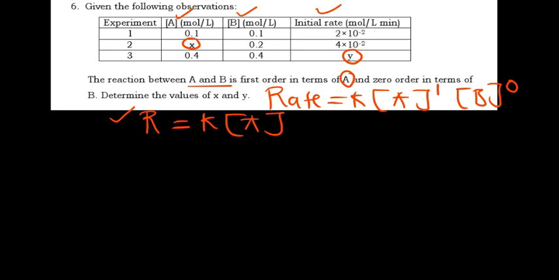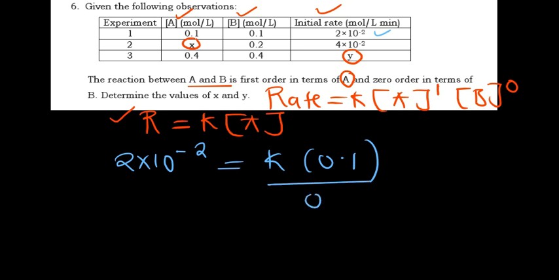For experiment 1, the initial rate was 2 times 10 to the power negative 2. The value of K we don't know. The value of A, which is the concentration, was 0.1. So divide by 0.1 on both sides.